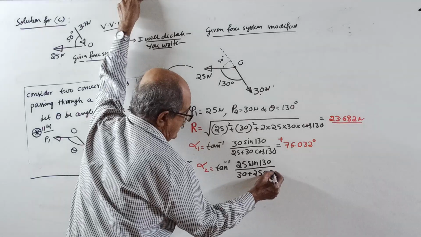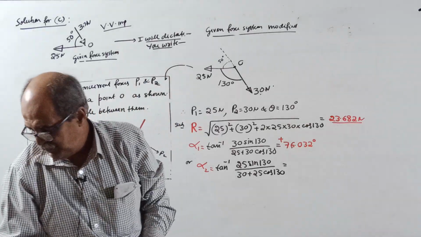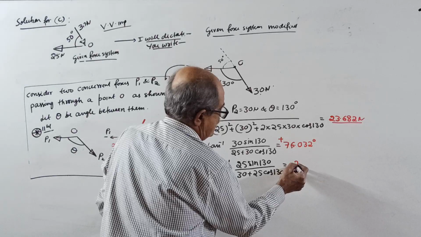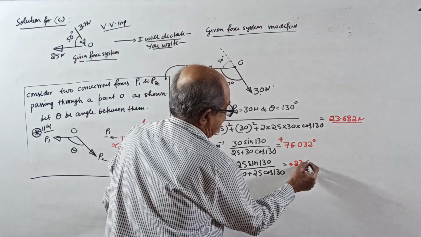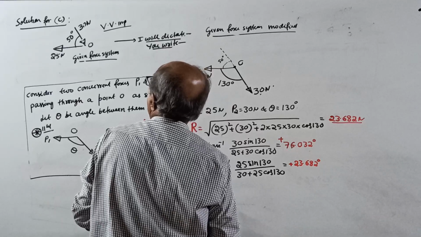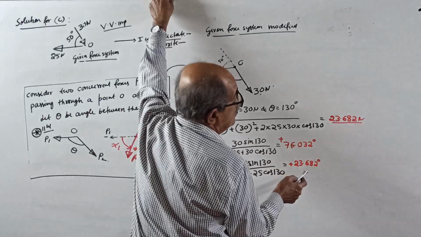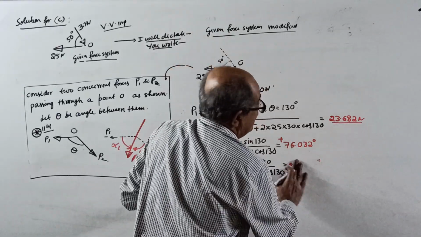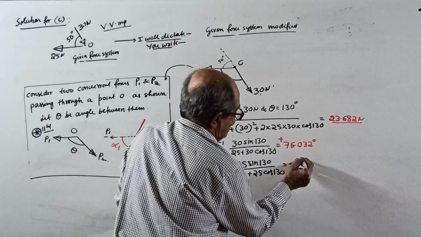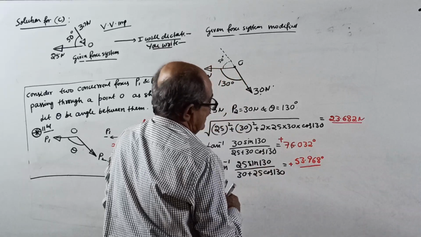Entire structural engineering is nothing if you understand everything correctly. Is the resultant correct? 23.682 is the correct answer. It is the resultant. I am writing the wrong answer. Alpha 2 equal to 53.968 degrees. Okay.